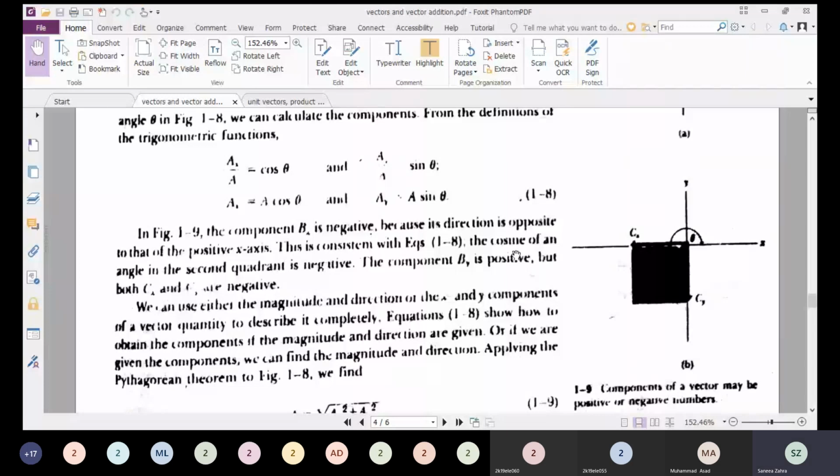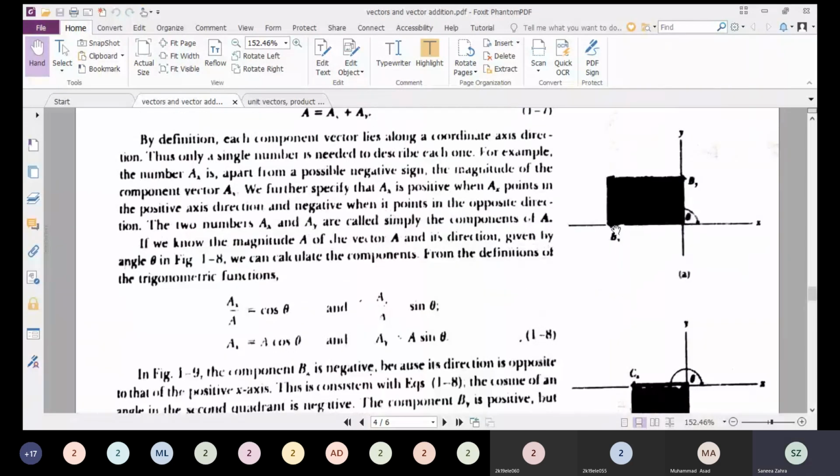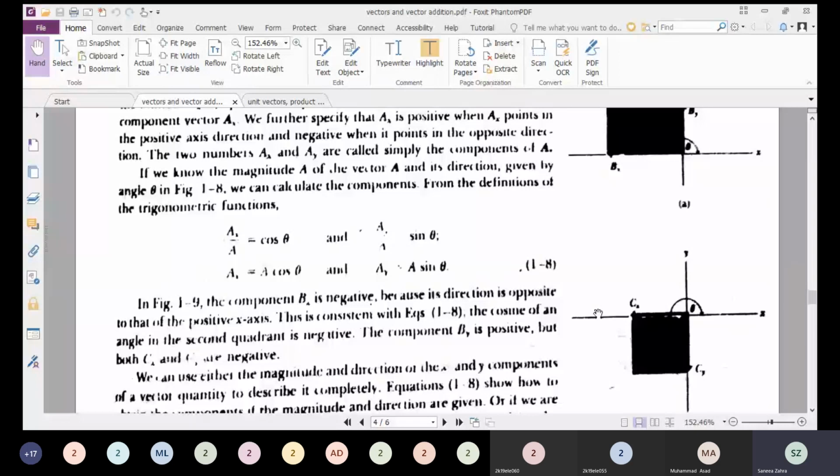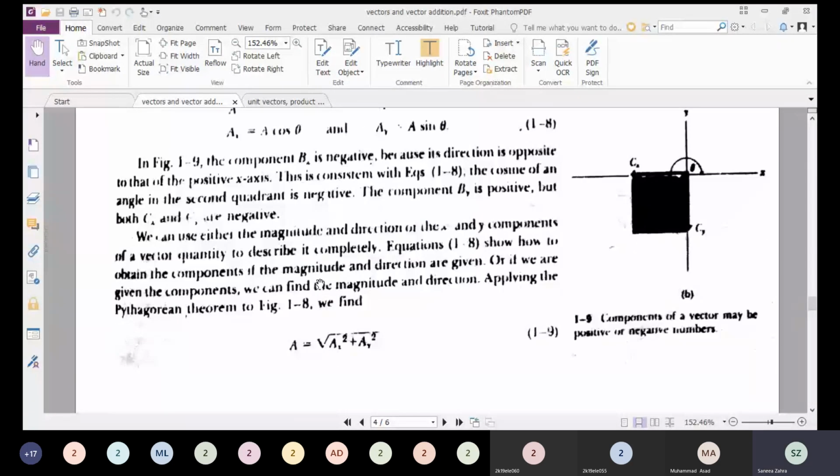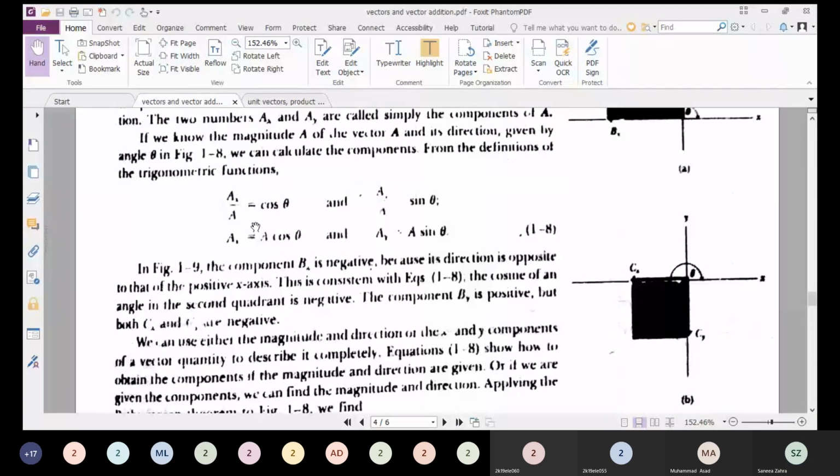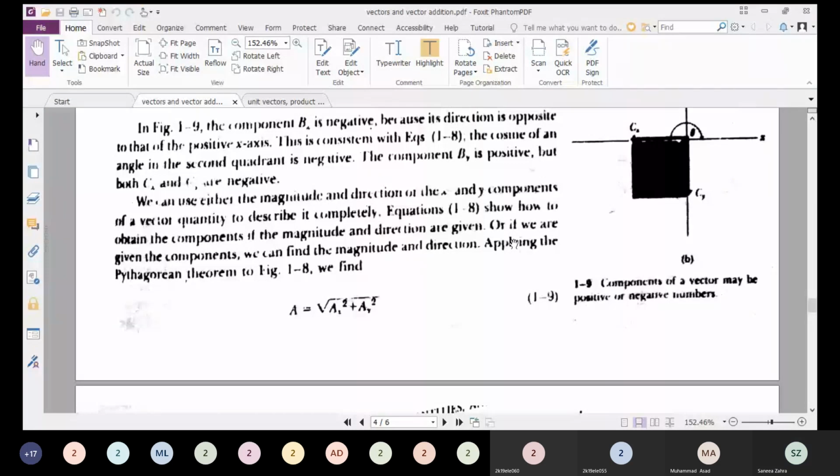The components present in the second quadrant are negative in x. The component By is positive, but Cx is negative. Here we are taking another vector whose x component is negative and y component is also negative. So what will happen? The negative values will cancel each other's effect.